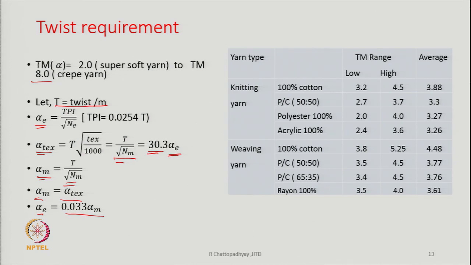We can generally say from this table that for weaving, the twist multiplier is on the higher side in comparison to the yarn meant for knitting or hosiery, because for weaving we need strong yarns. For hosiery we do not need such strong yarns, and if we keep more twist, we expect the yarn to be stronger, and that is why we keep higher TM.